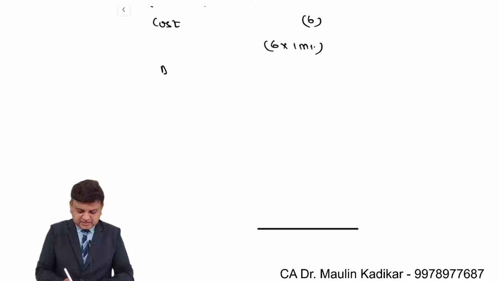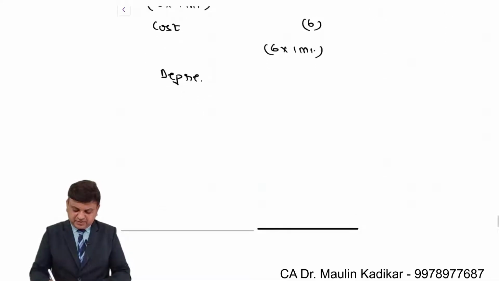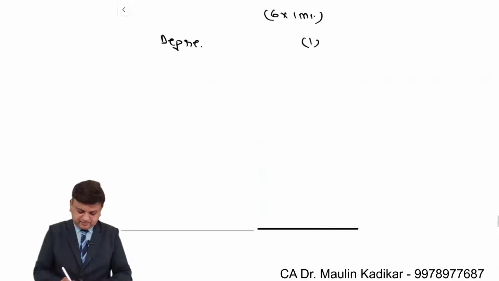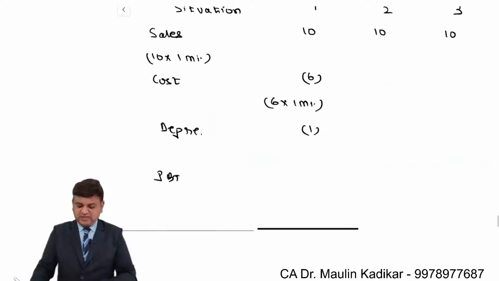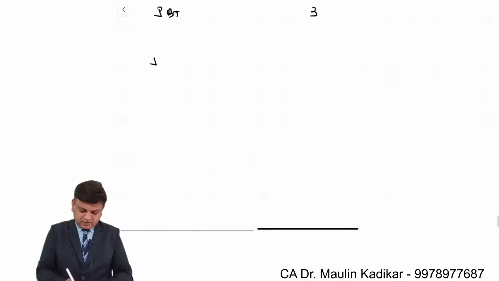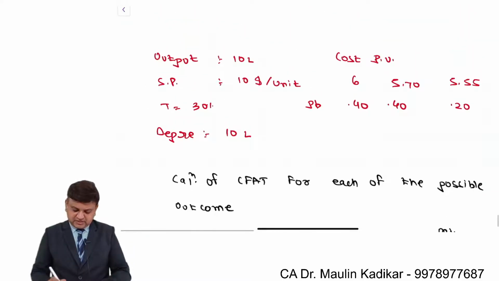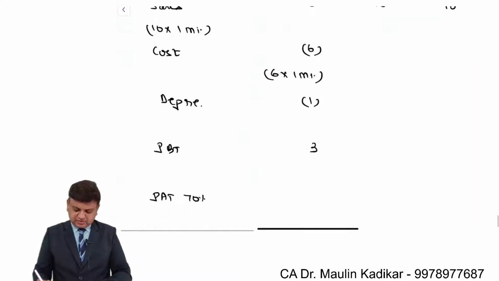Then the depreciation. In that case, again there is no change in the exchange rate, so the amount of depreciation is going to be 1 million. So profit before taxes, 10 minus 7, is 3. Profit after taxes will be 70%, because the tax rate is given to us as 30%.